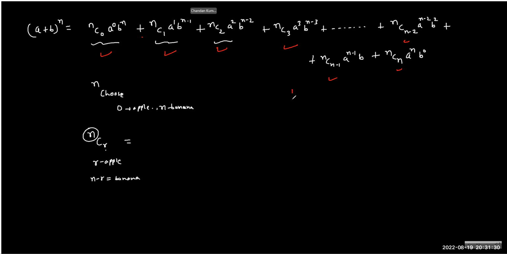So the total terms here will be how much? We have n plus 1 possible ways in which the choices can be made. Understood? So to pick n objects, there are n plus 1 possible ways. And for every way, there is a number of choices.